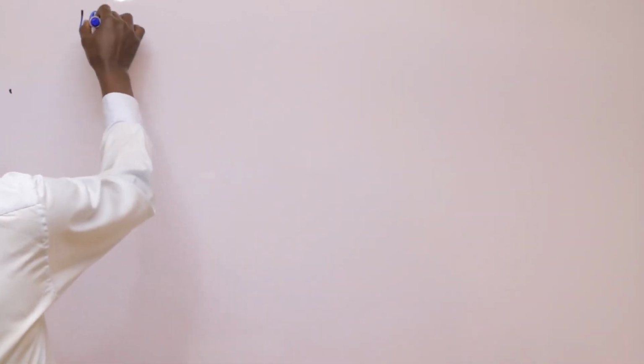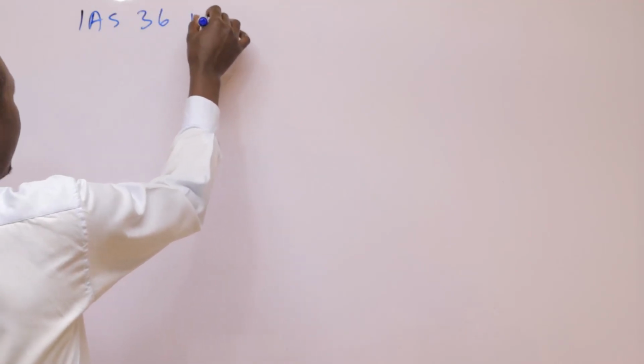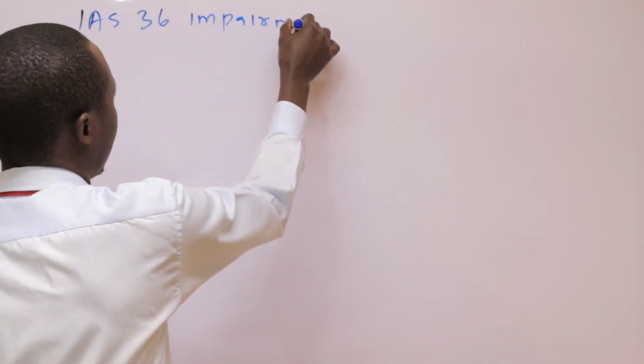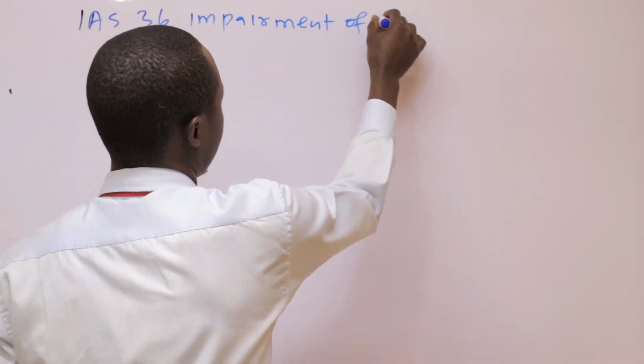For today, I would like to look at a small area in advanced financial reporting which was tested in August 2022, just the previous sitting. This is all about International Accounting Standard 36, IAS 36, impairment of assets, the impairment of non-current assets.